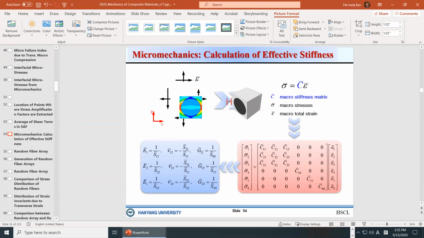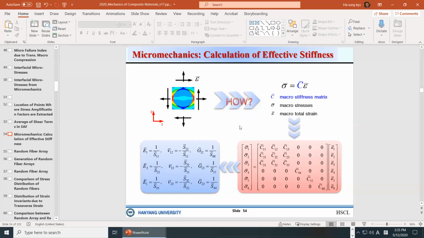This is just a representation of how we apply load. So let's say we have some unit cell and there are stress and strain at the macro level. What we would like to have is this macro-level stiffness matrix using the fiber and matrix material properties.